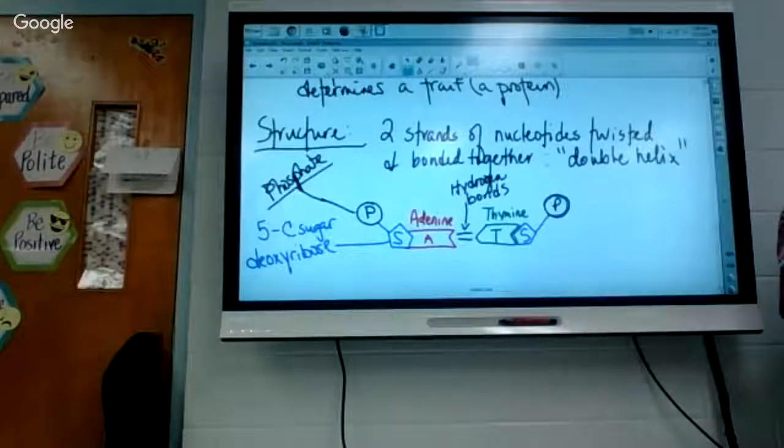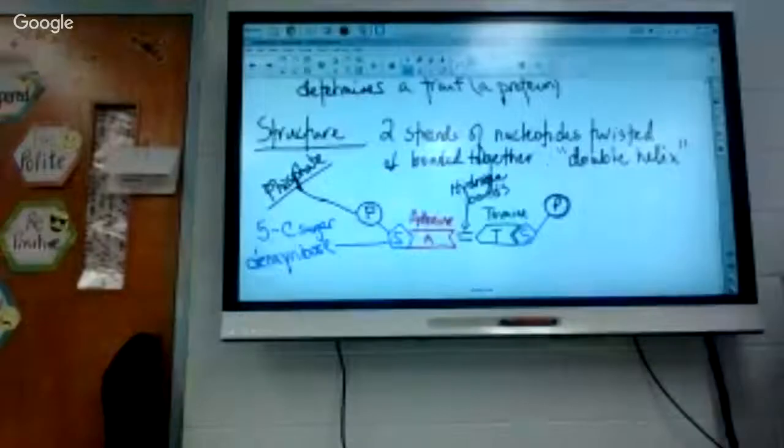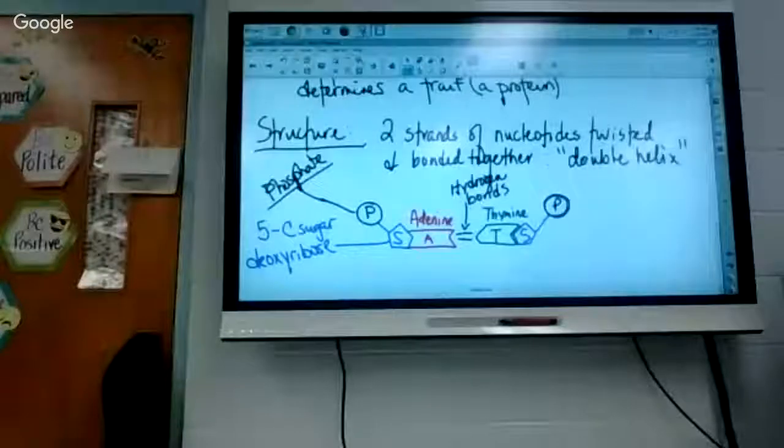Okay, and look at the model. Oh. I see it. Okay, how many people say that the sugar is on the end connected to the nitrogen base, phosphate's in between? That's what I'm saying. Yeah. How many people are like, I have no idea?